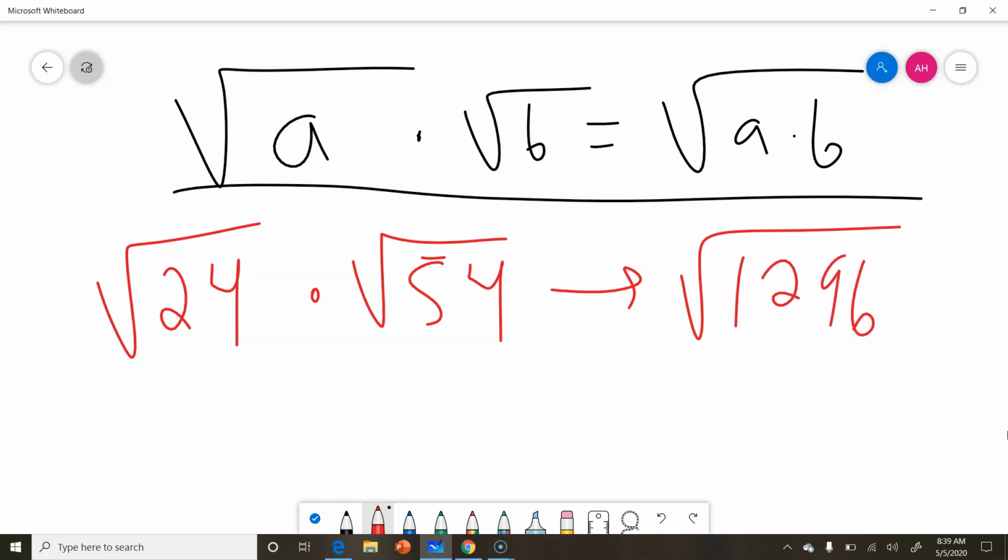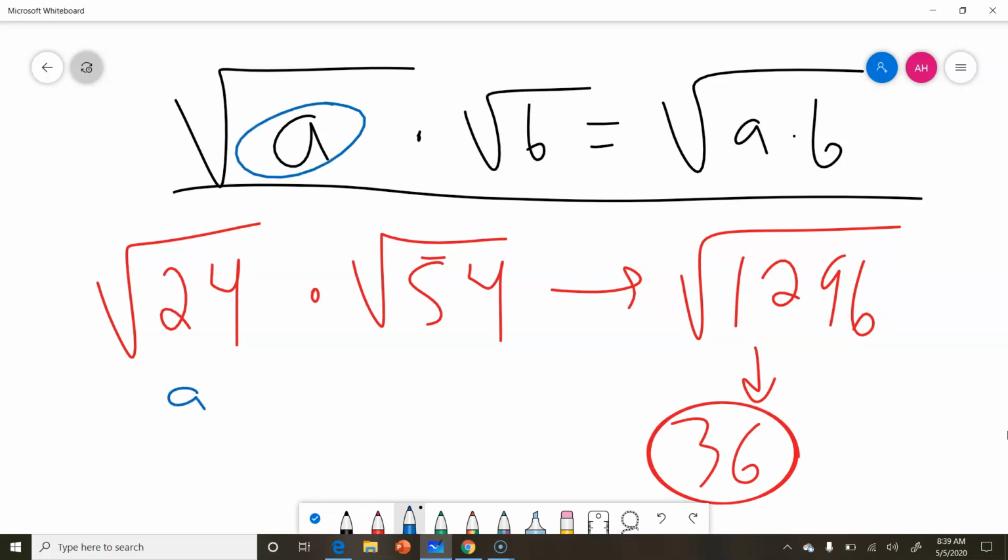Now, when I take the square root of that, I actually get the perfect number 36. So by taking these numbers here, calling this A, matching this A, and this B, matching this B, I just did A times B, and I got 1,296, and then I took the square root of that and got 36.